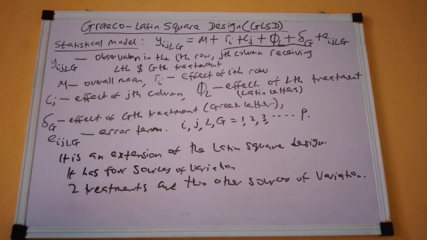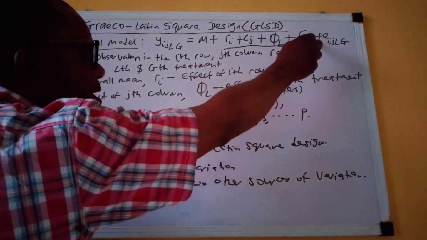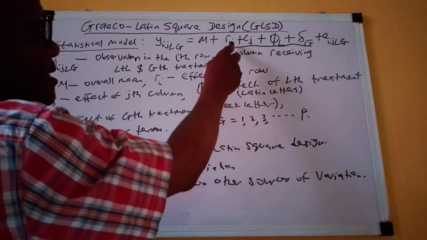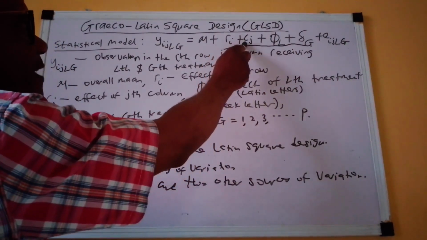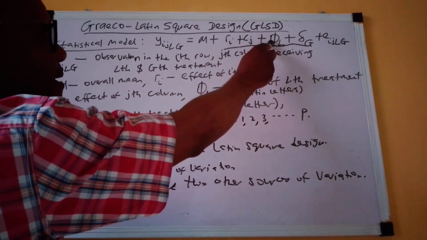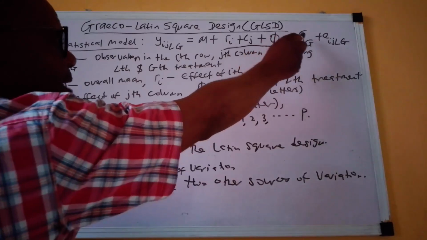So the imposition of each Greek square on the Latin square forms the Greco-Latin square design. So there is an additional source of variation, which is the Greek letters. You can see the row effect, the column effect, the Latin letter effect, and the Greek letter effect.